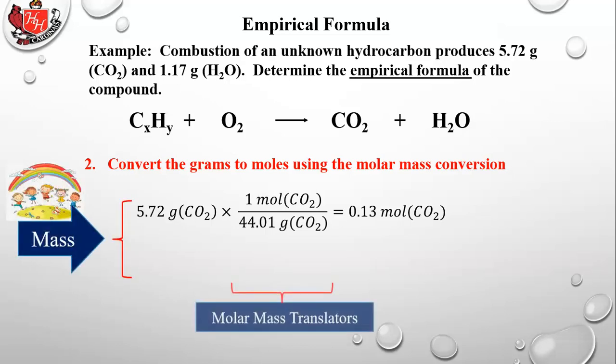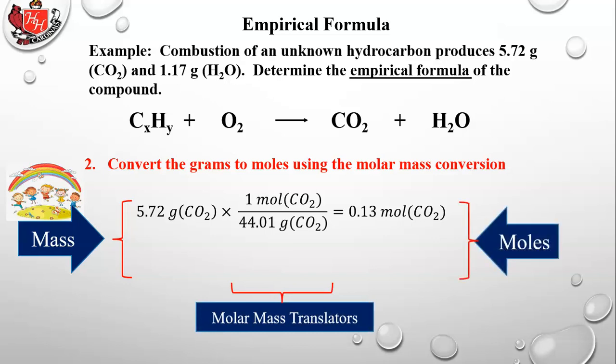So there's mass, there's the molar translator, and there's the moles. So we want the grams of CO2 to cancel out, so that's why we put this conversion factor the way we did, with moles on top and grams on the bottom. So the last man standing is moles of CO2, and that's what we want in our final answer. And so what we have is 0.13 moles of CO2.